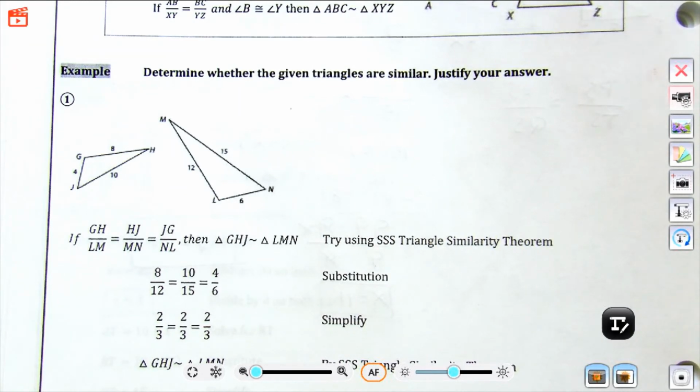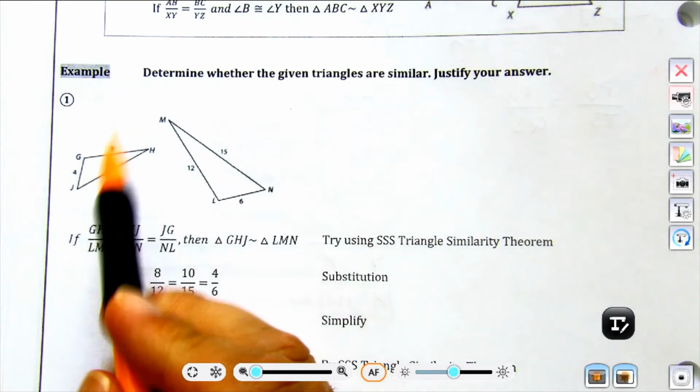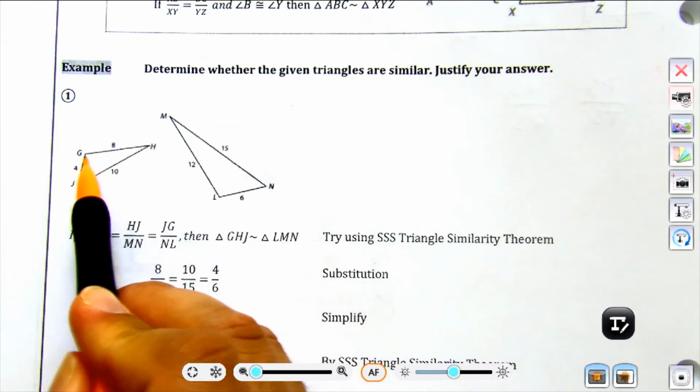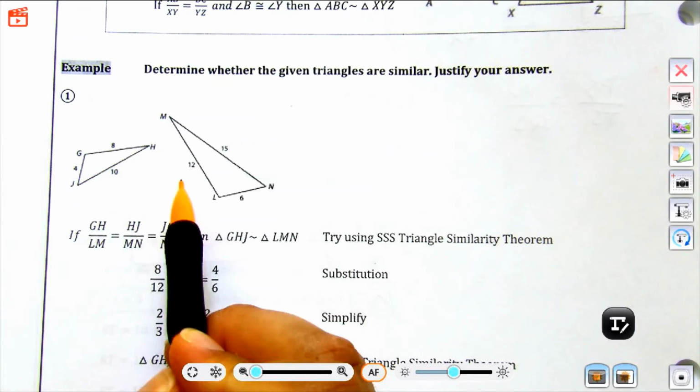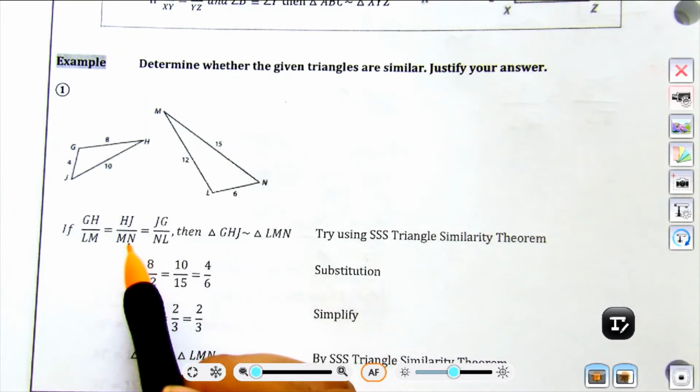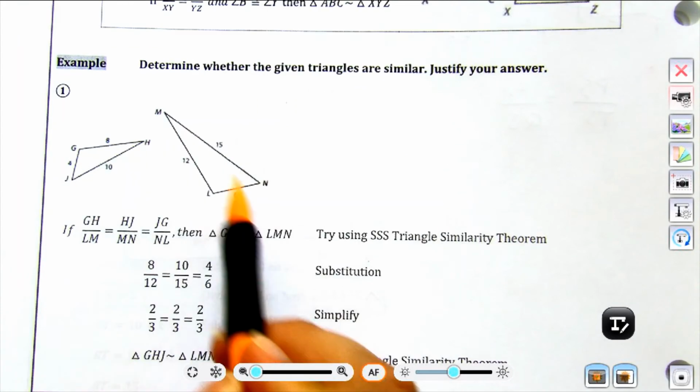Looking at the sides, we've got to see what sides correspond to what side. So GH corresponds to LM, HJ corresponds to MN, and GJ corresponds to NL.